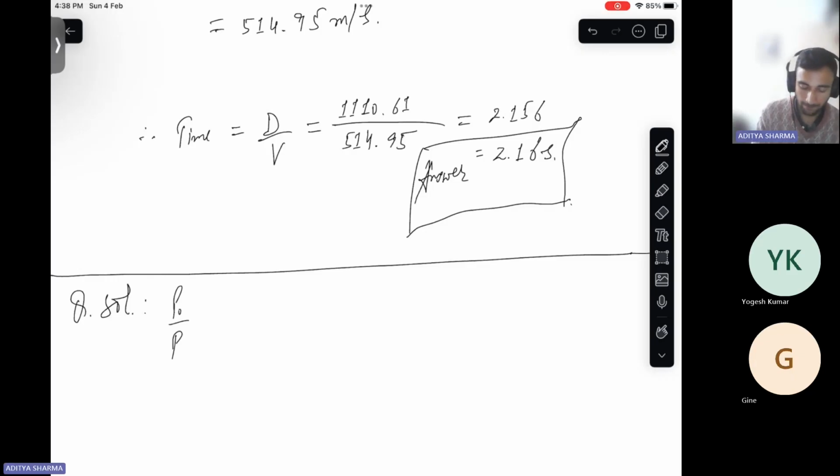So P naught by P is 1 plus gamma minus 1 by 2 M square, to the power gamma by gamma minus 1.